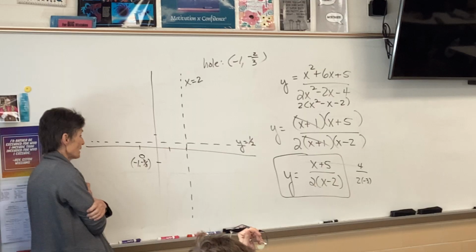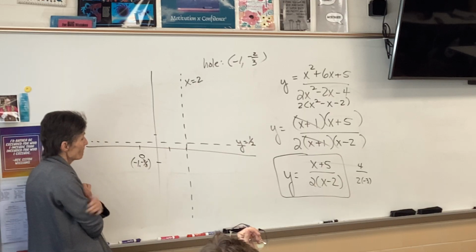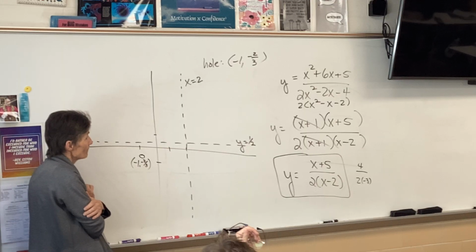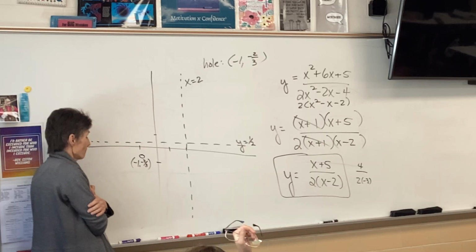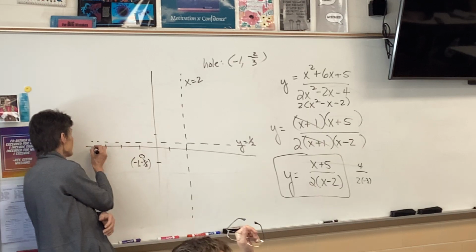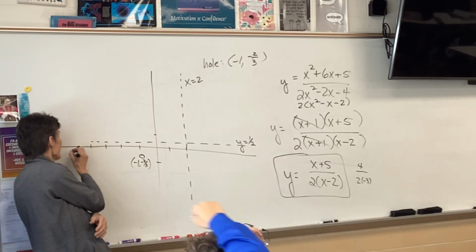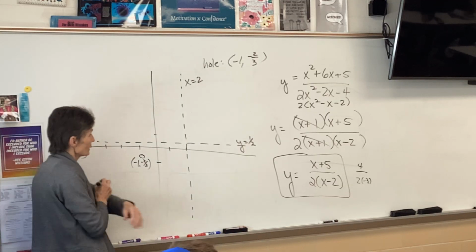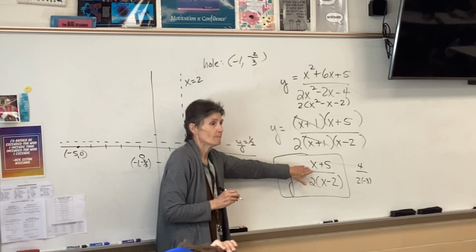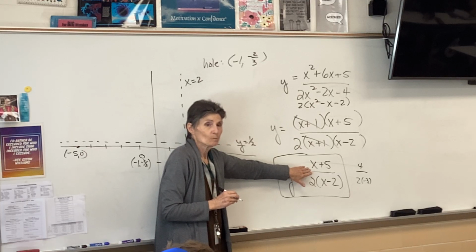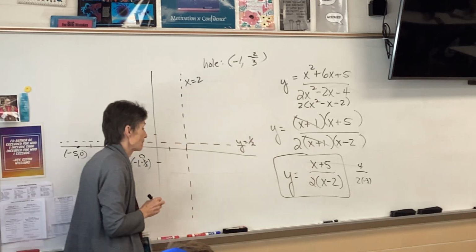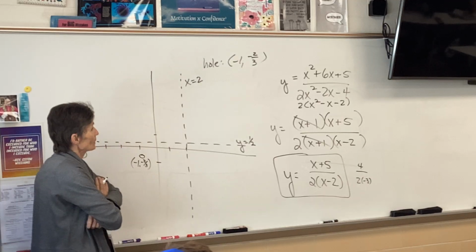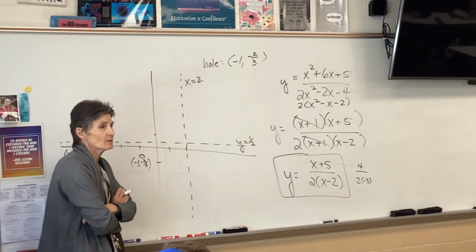Okay, what else do I have? We've got X-intercept at -5. X-intercepts come from the numerator. How do I find my y-intercept?